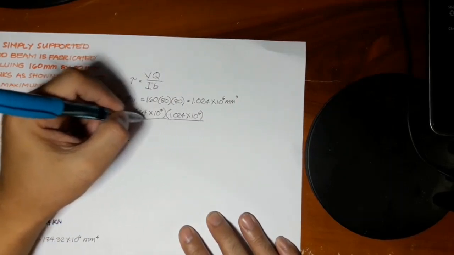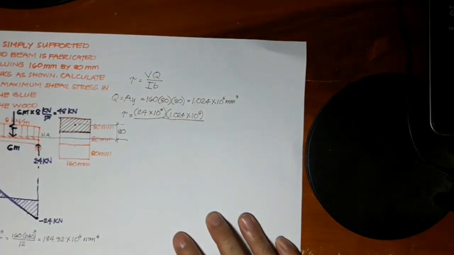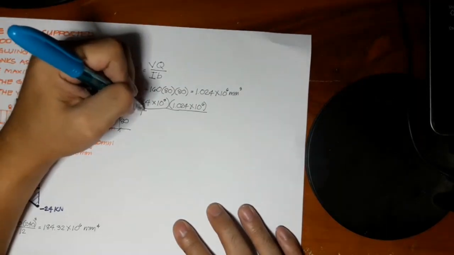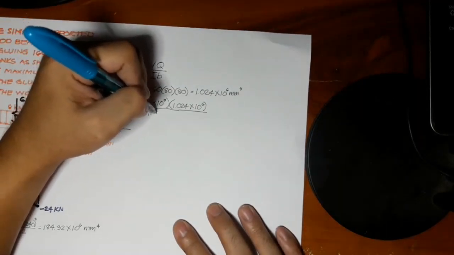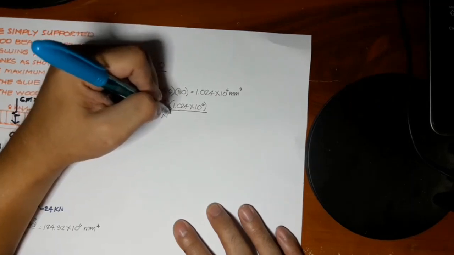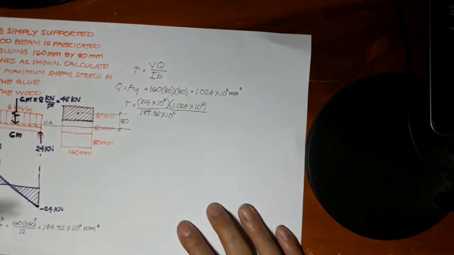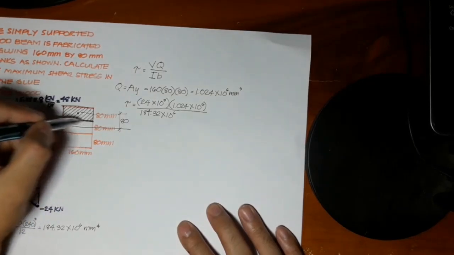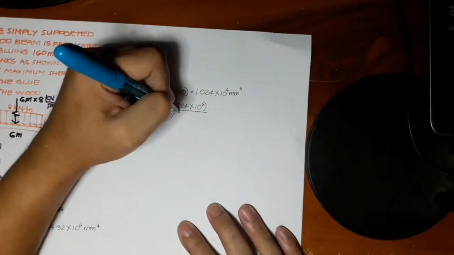over I. This is our I. It has a value of 184.32 times 10 to the 6th power. And B is, of course, this one, or this one. This is 160 mm.